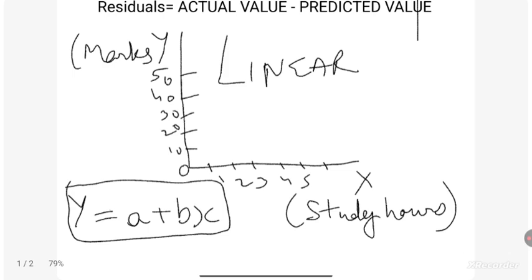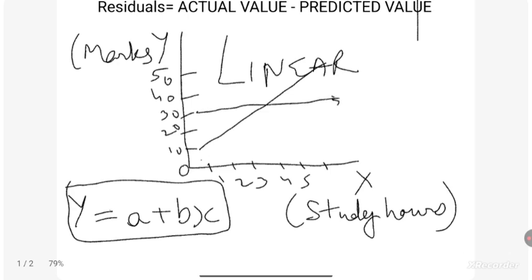How could the straight line look like? One possibility is that the straight line will look like this, a straight line where x increases and y also increases along with it. Another possibility could be that x increases and y remains constant.